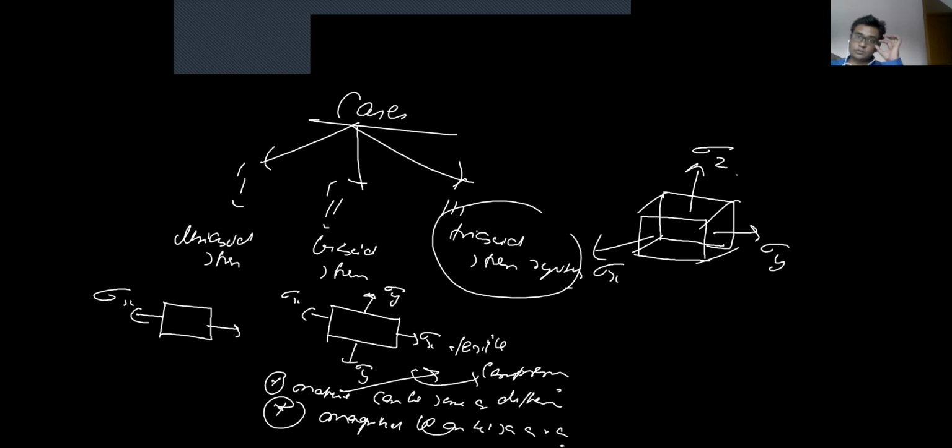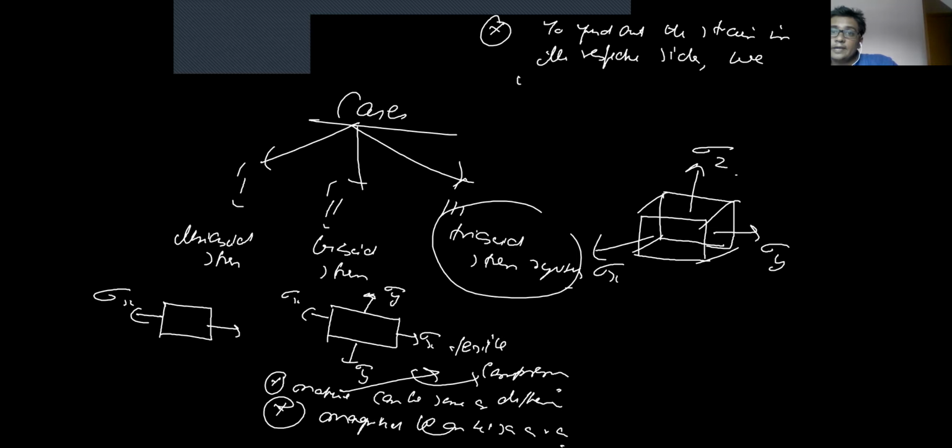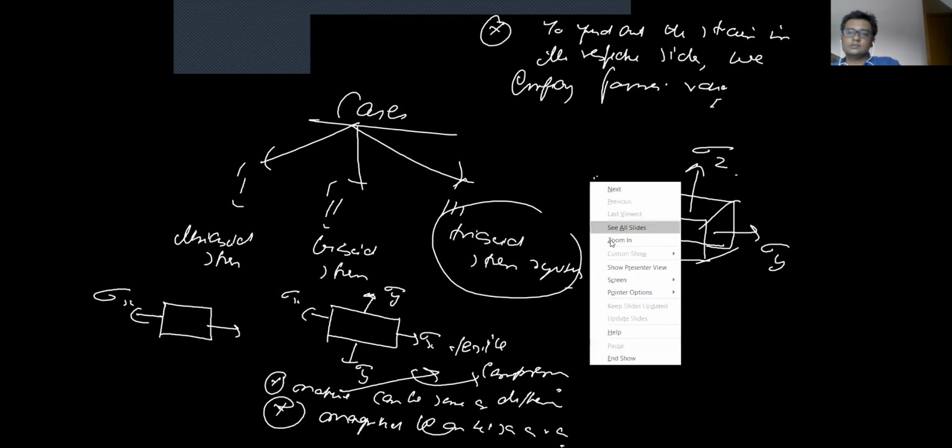To find out the strains in the respective directions, we employ Poisson's ratio. How do we do that? First I will take the uniaxial case, as I have already explained, but I just want to revise.